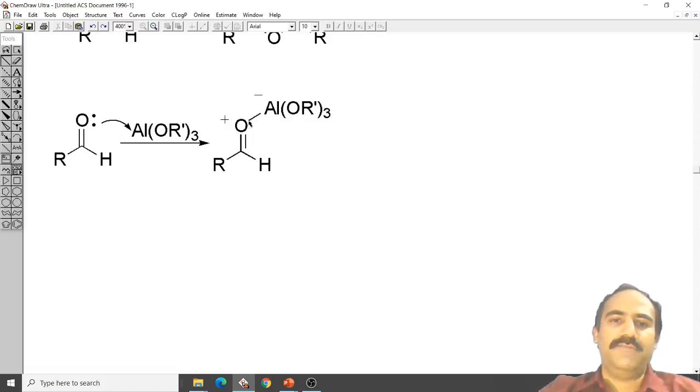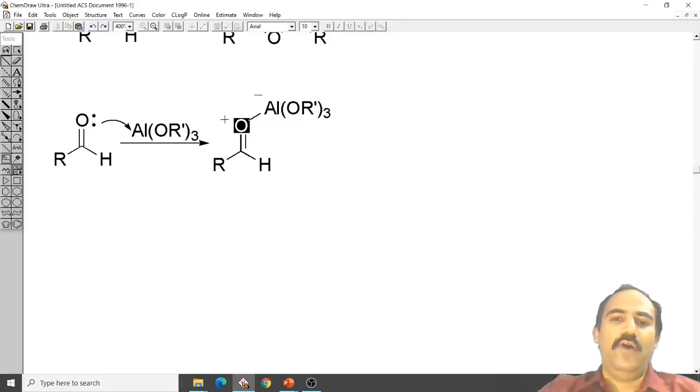Both electrons are from oxygen, but now 1 electron belongs to aluminum. So aluminum got an extra electron, so aluminum will have a negative charge. When a neutral species gets an electron, it will have a negative charge, as there is no nuclear reaction, obviously.